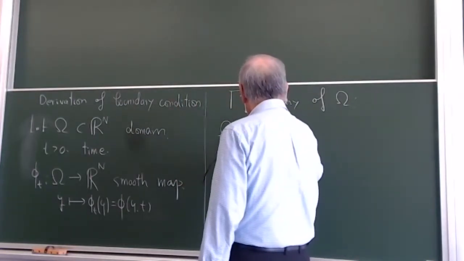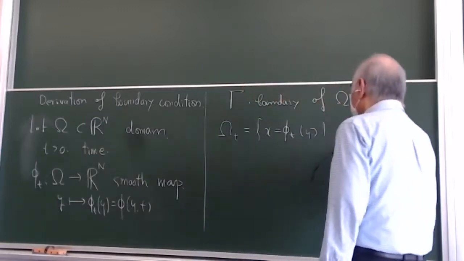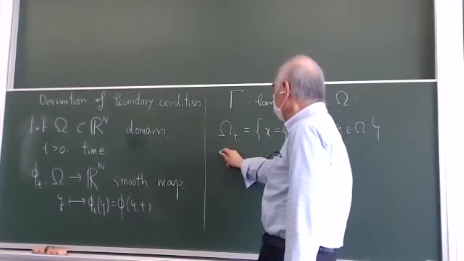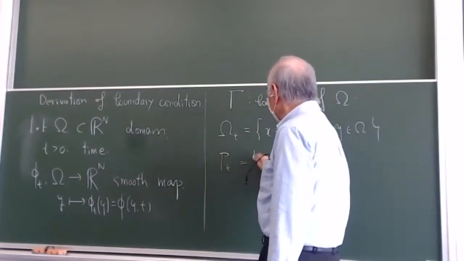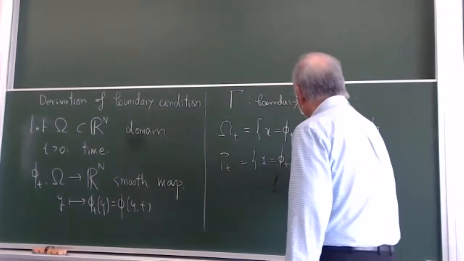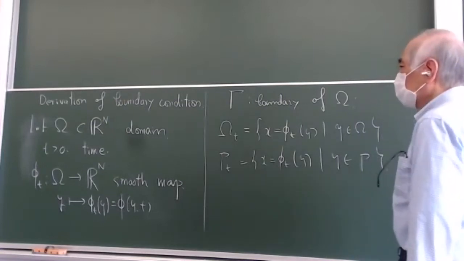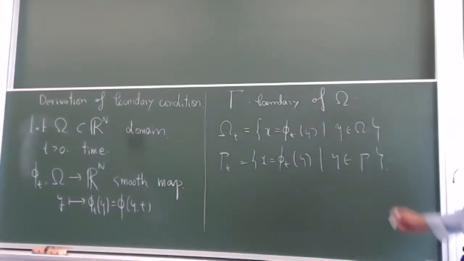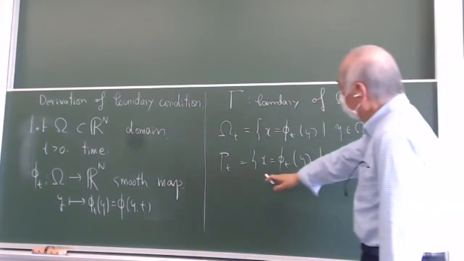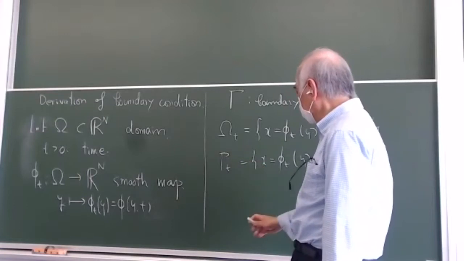So x equals phi_t(y), y in omega, and gamma_t is x equals phi_t(y), y in gamma. This is the notation of the domain omega_t and the boundary of omega_t, gamma_t.